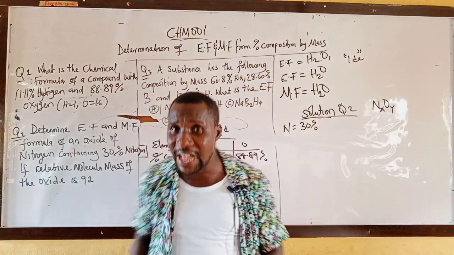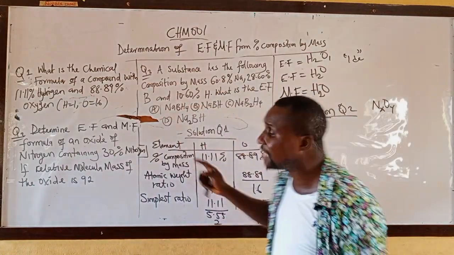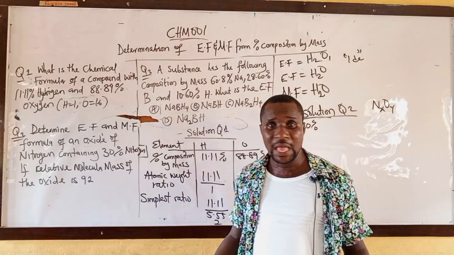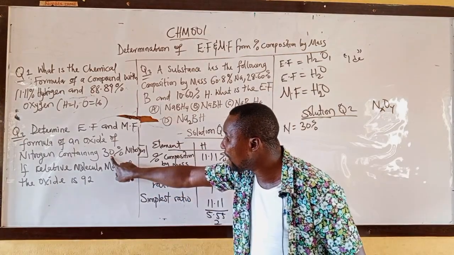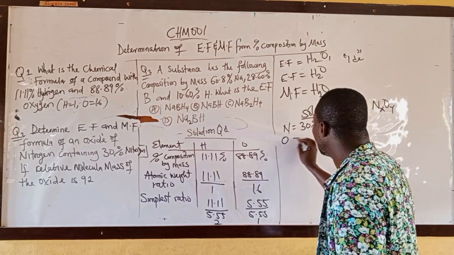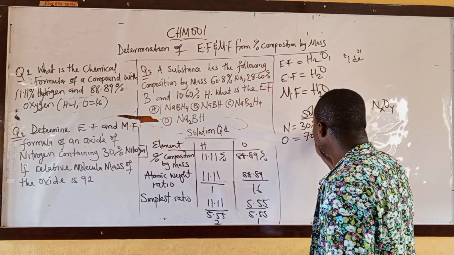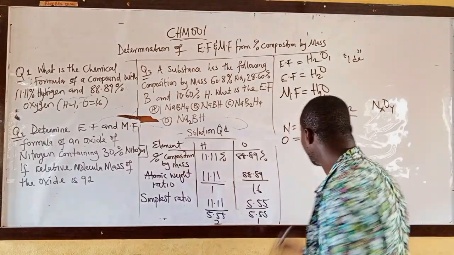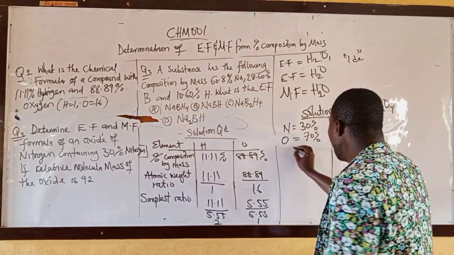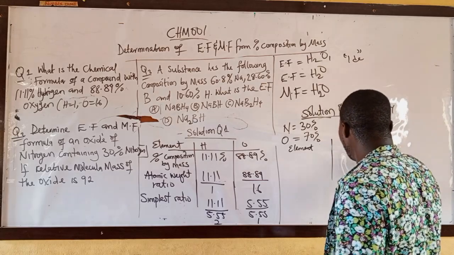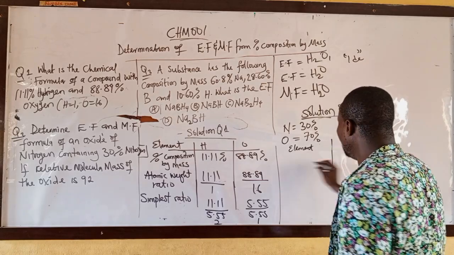In this one, I know that the compound contains two elements, nitrogen and oxygen. The percentage composition of nitrogen is 30, therefore the percentage composition of oxygen will be 70%. Then, how will I do this? The same format. I have my elements, nitrogen and oxygen.